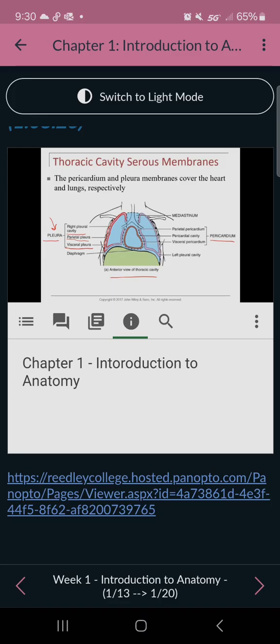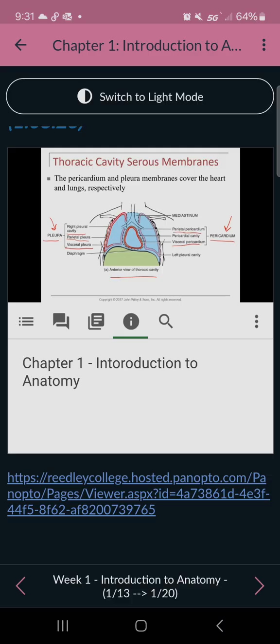So the serous membrane of the pericardial cavity is the pericardium. Okay, so now the heart. We have the visceral pericardium, which covers the surface of the heart. So here the inside layer is going to be the visceral layer, which covers the surface of the heart, visceral pericardium.